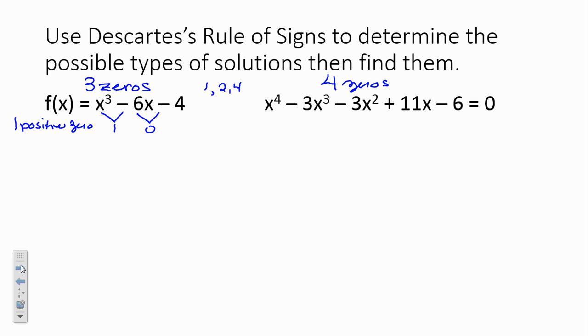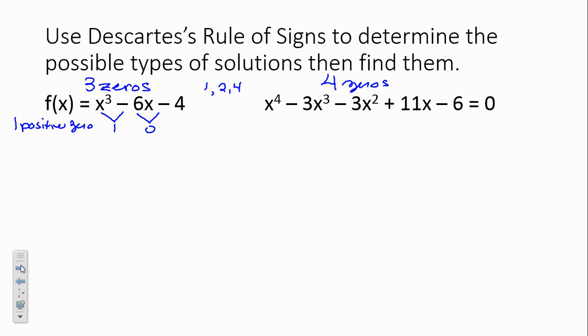One of them is going to work. So out of the millions, billions, infinite number of possibilities out there, we've said, hey, guess what? We know one of our answers is going to be either 1, 2, or 4. Because we know we have a positive zero. Does that make sense to everybody? It just made your life a lot easier. Once we find a positive zero, we know that we aren't going to have any more positive zeros because Descartes' rule of signs says only 1.